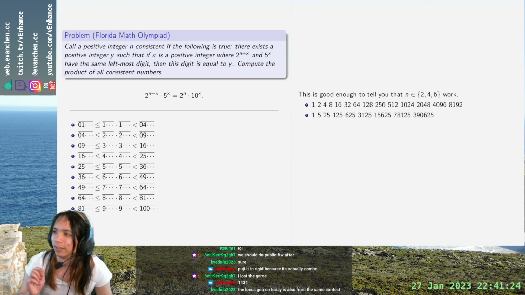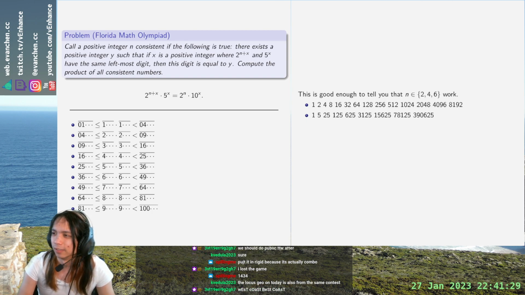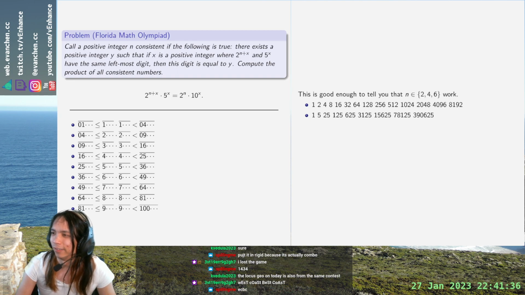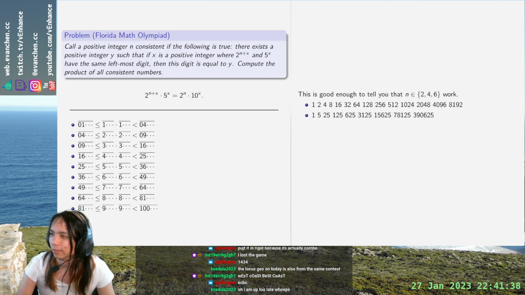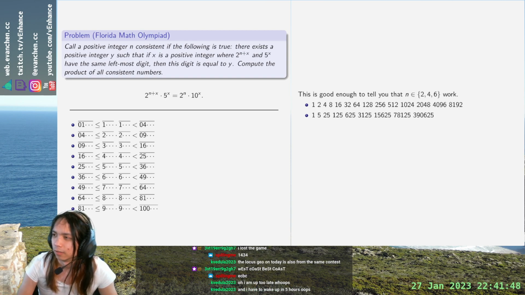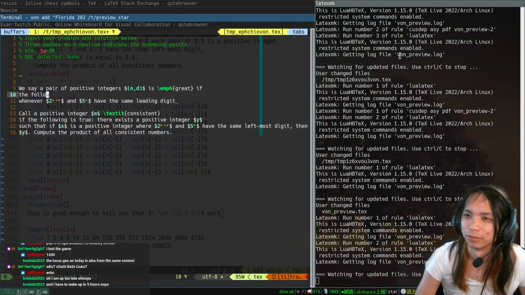Okay, you know what? We say a pair of positive integers n, d is great if 1 less than d less than 10, and whenever 2 to the x plus n and 5 to the x have the same leading digit. Actually, we don't even need this. I'm just being a troll at this point.